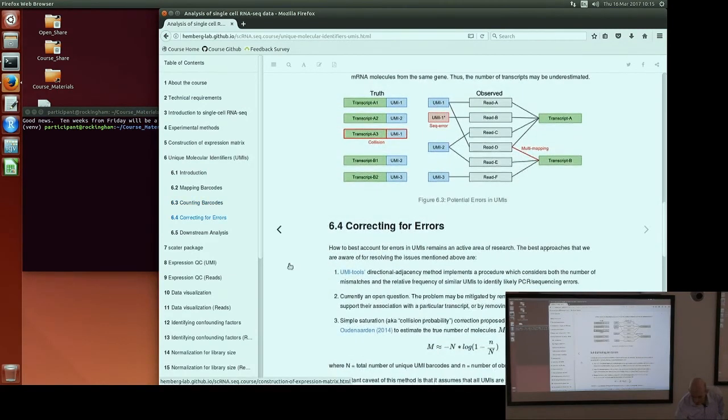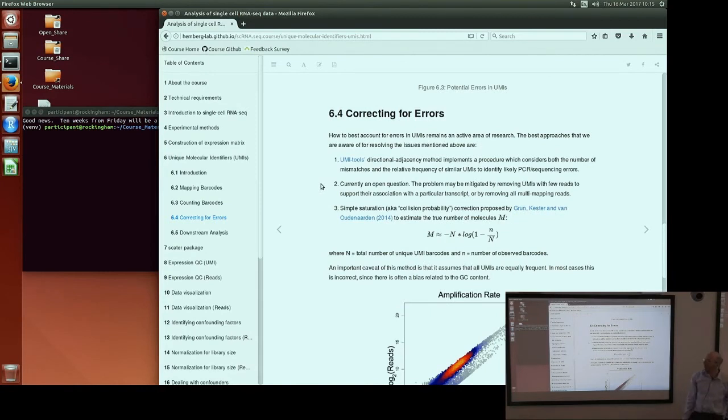For example, if we know or have an estimate of the error rate of the sequencing, then if we find 2 barcodes which appear to come from the same molecule and differ only by a single base, we can calculate the probability that that was the result of a sequencing error, and we can try to compensate for that and try to avoid this problem of overestimating.